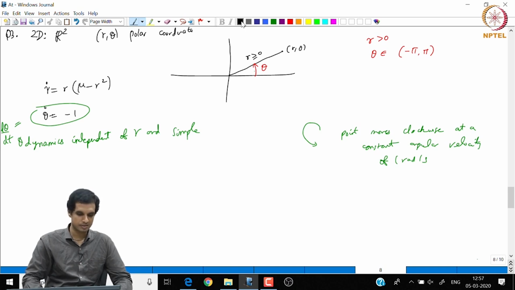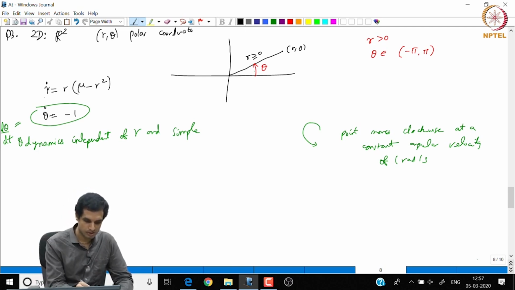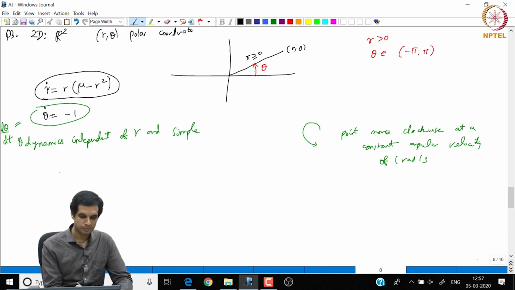So, what is happening? Let us see. The dynamics is r dot is r into mu minus r square. When r dot is equal to 0, what happens? Let r dot equal 0 at some radius, let us say r star.